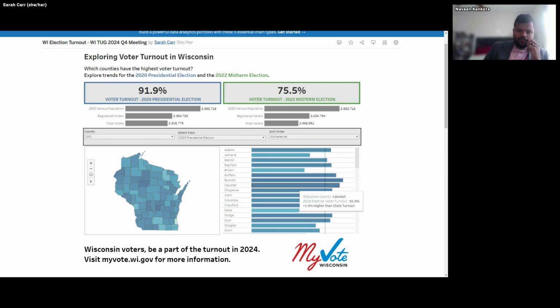That way users can see how their county is doing with voter turnout. Are they above the average? Are they below it? And then you can sort by highest to lowest, lowest to highest. So a few different ways to interact with the data.